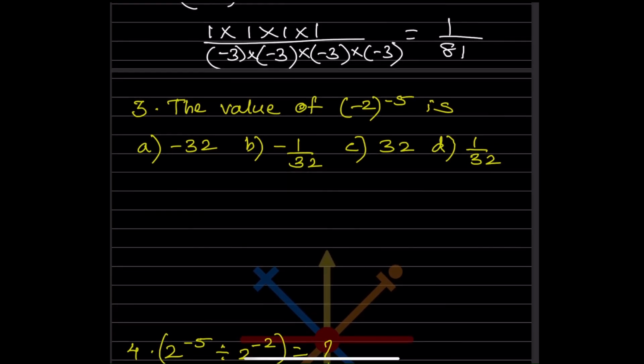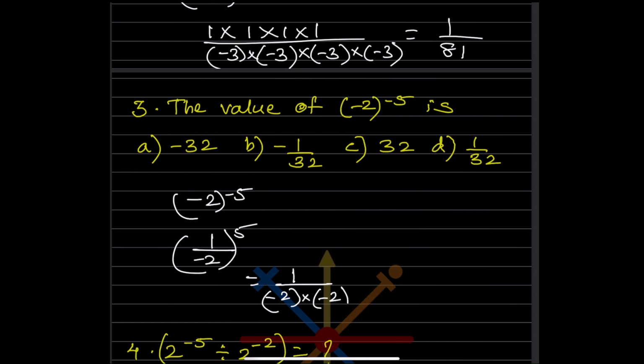Now look at this problem, minus 2 raised to minus 5. We have to find the value of this one. Again we are going to make the exponent positive. Instead of writing 1, 1, 1, we can just write it once, and this minus 2 is going to be there 5 times.